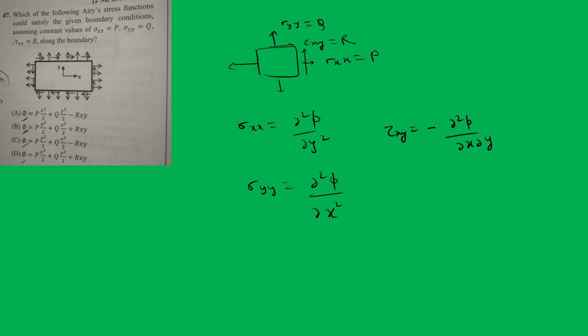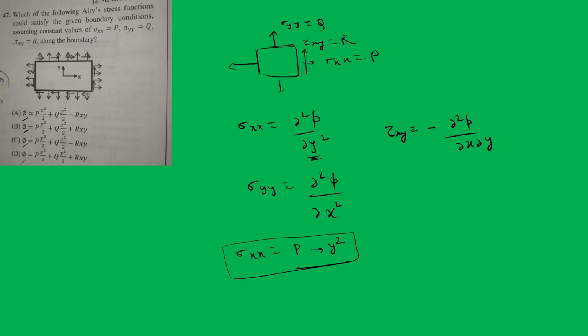From the previous question you already have the experience. So sigma xx is p, so p should be the function of y square, because there is y square. If it is not y square then it will get 0 because you are differentiating it 2 times. Make sense? So p should be the function of y square.